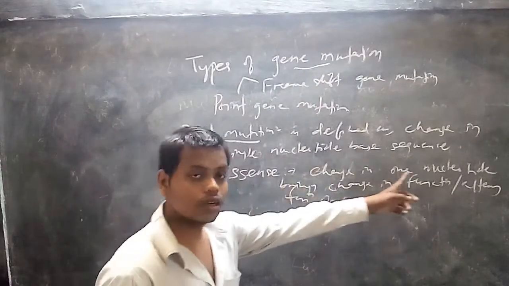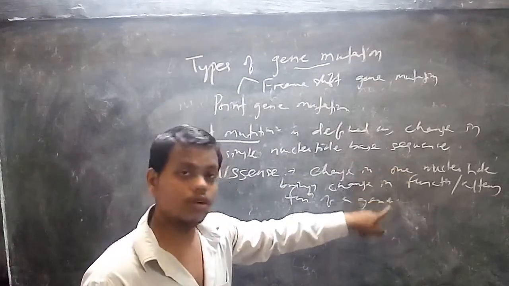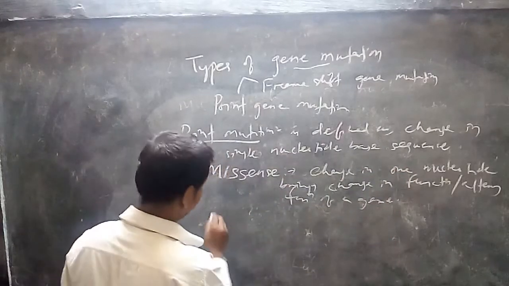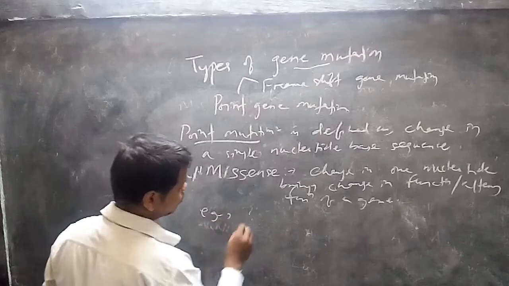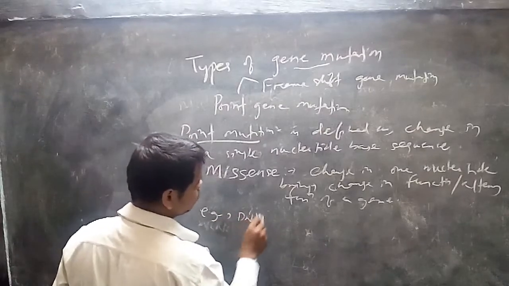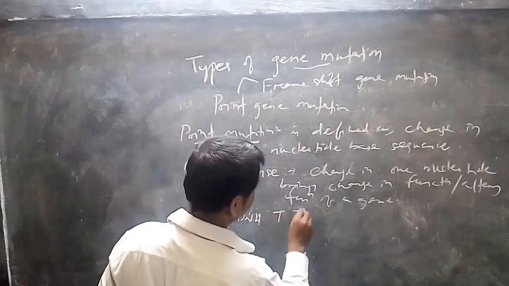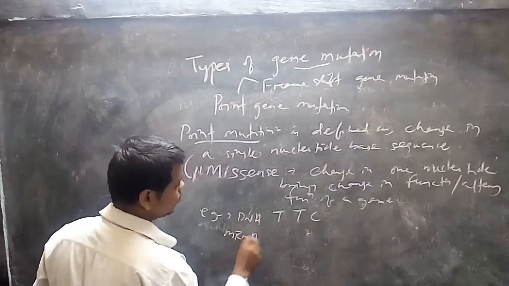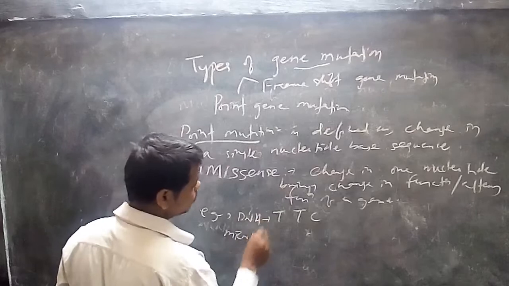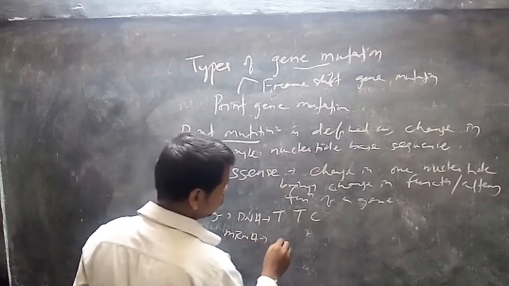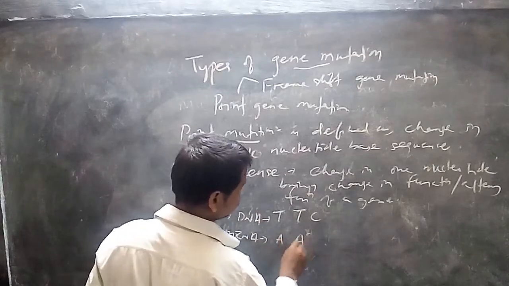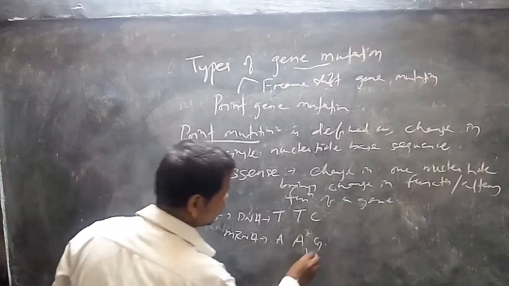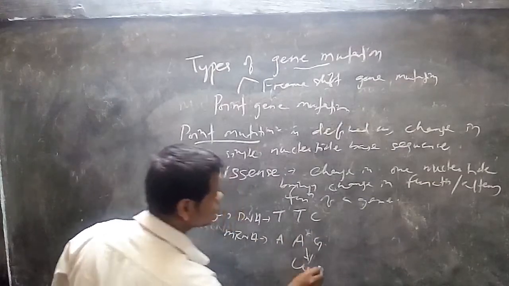When mutation occurs and the effect of that mutation also occurs, then that is called missense point mutation. See the same example here. If the DNA has the sequence TTC, thymine thymine cytosine, when mRNA is synthesized from this DNA by the transcription process, its sequence will be AAG, adenine adenine guanine. This is the normal condition, and this synthesizes lysine.